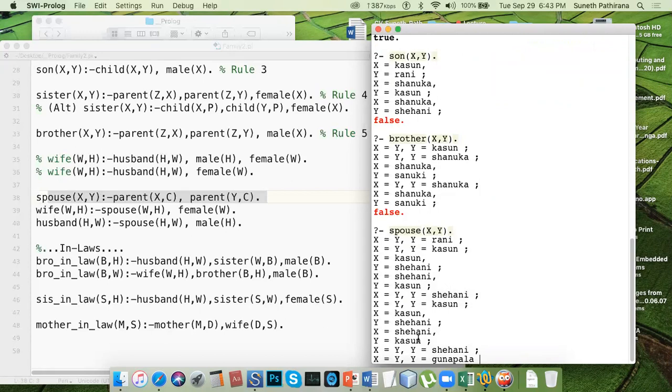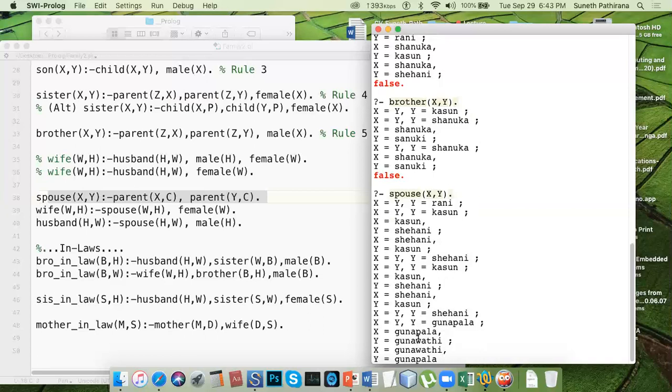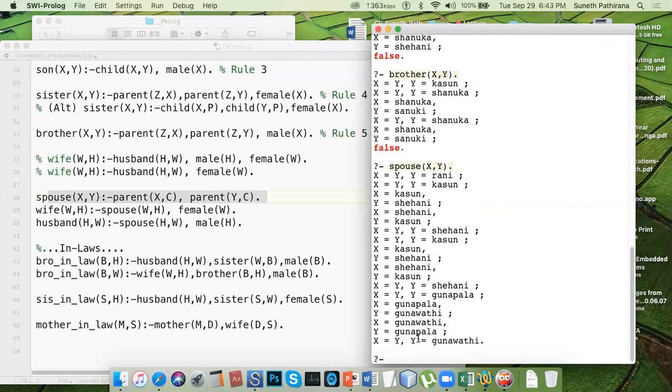Gunapala becomes a spouse for himself. Gunapala and Gunavati are a married couple, and Gunavati and Gunapala, this can be stopped since this is a symmetric relationship, and Gunavati becomes a spouse for herself. So there's a mechanism to avoid repeating the same answer again and again. I will let you know later.